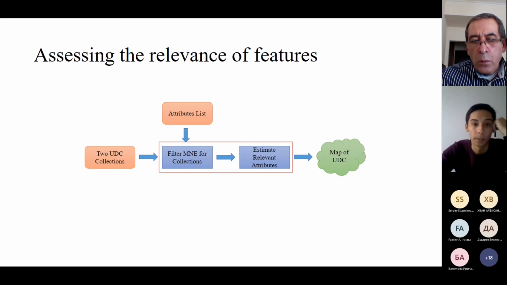Экспертные классы задаются списком атрибутов, рассчитывается оценка их влияния, и на основе этого строится взвешенная карта УДК.